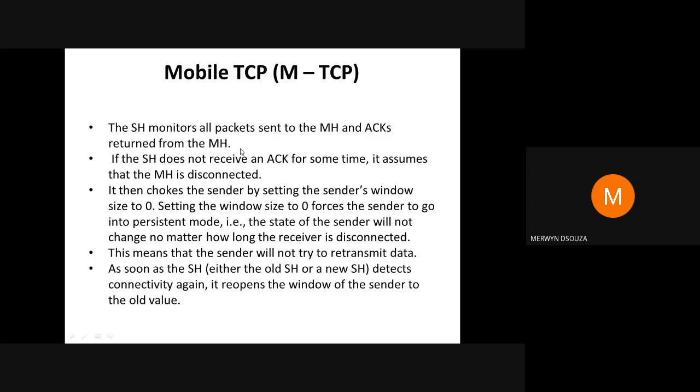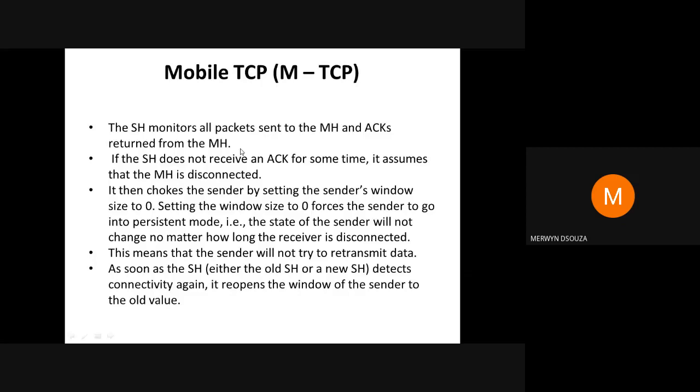So the moment it realizes that, the next step the FA does is it chokes the sender by making the window size equal to 0. So the sender will go to persistent mode, meaning the state of the sender will not change, and the sender will not try to retransmit any data.